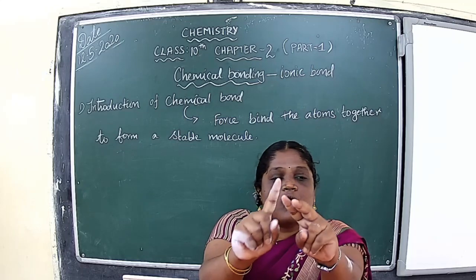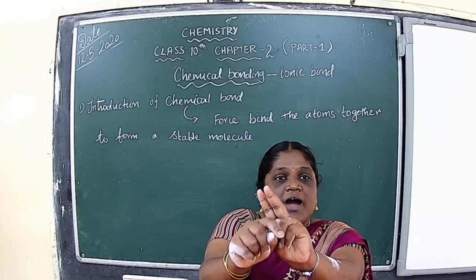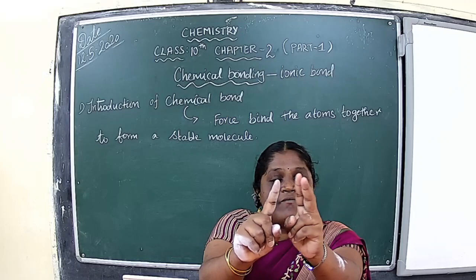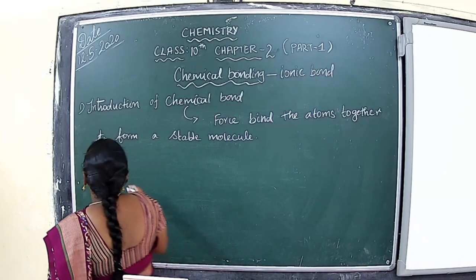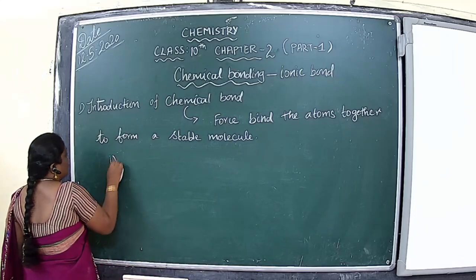So according to that, there are three types of chemical bond.